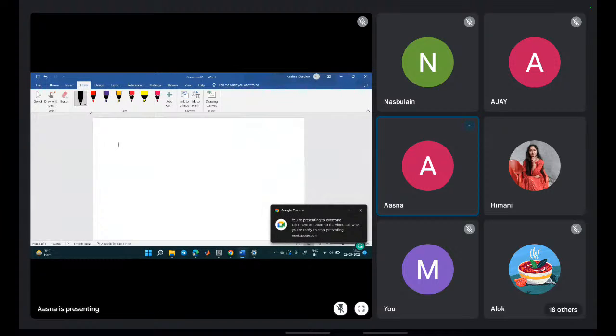So what we will be discussing today is that last time we were doing the convergence of the backward Euler method, and we were not able to complete that proof.